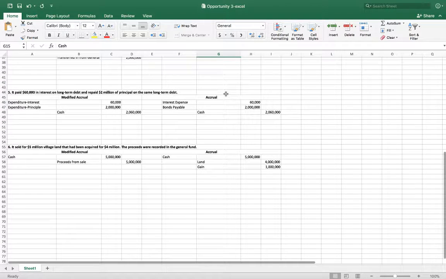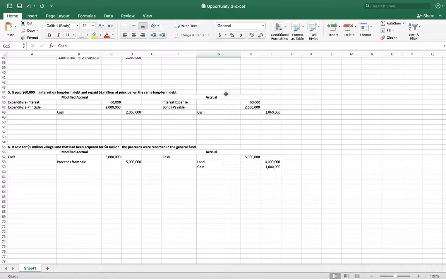Okay. So for the fifth problem, it paid $60,000 in interest on a long-term debt and repaid $2 million of the principal on the same long-term debt. So we're going to have an expenditure of the $60,000 that we paid, and we're also going to have an expenditure of the principal, or the bond, of $2 million.